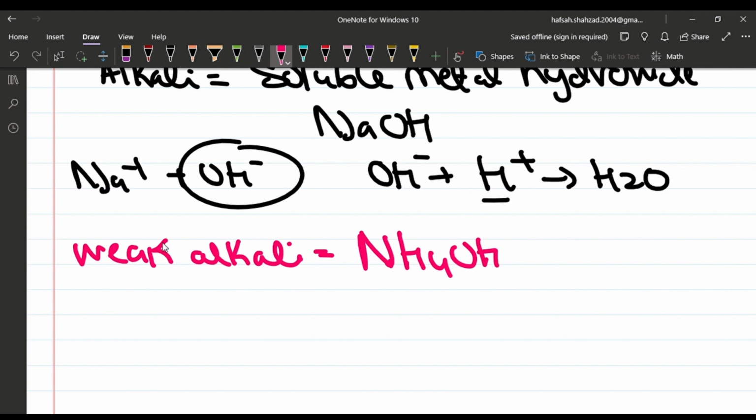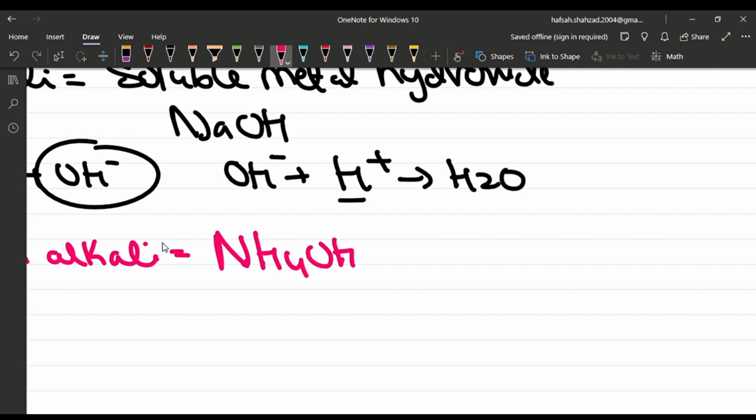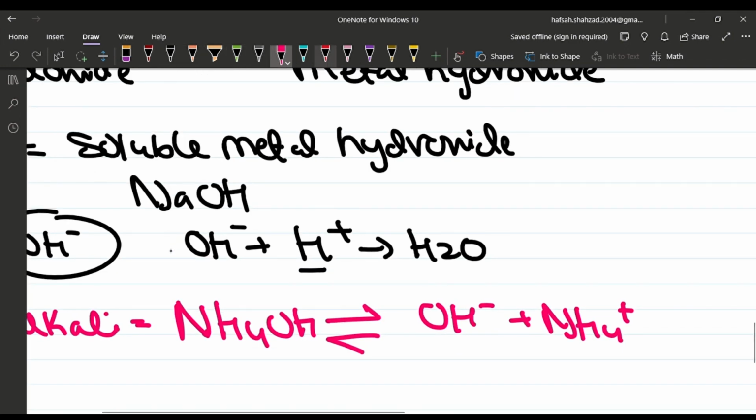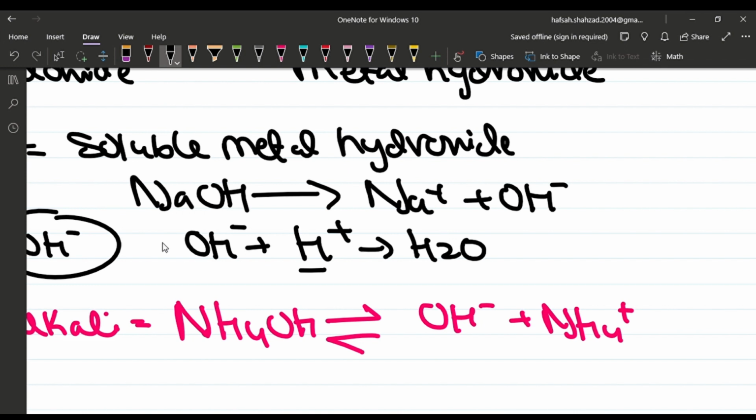It doesn't completely ionize in aqueous solution, and it gives a reversible reaction to form OH and NH4 ammonium ions. NaOH on the other hand gives an irreversible reaction to form Na plus ions and OH ions.